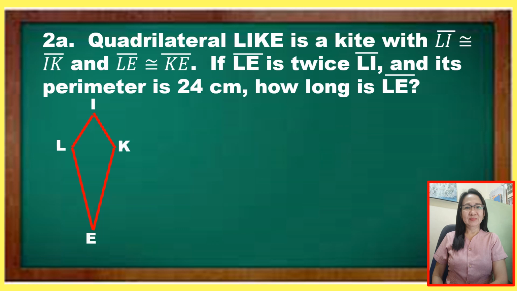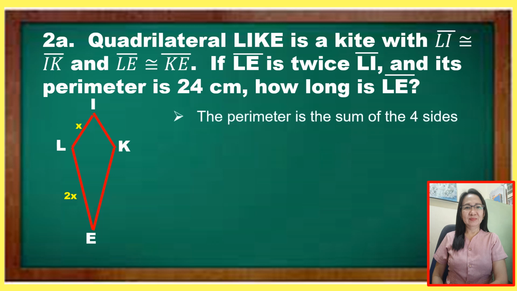We are going to represent the shorter leg by x because the longer leg is twice as long as the shorter leg. So that is 2x. We are going to use the idea of the perimeter, which is the sum of the 4 sides.